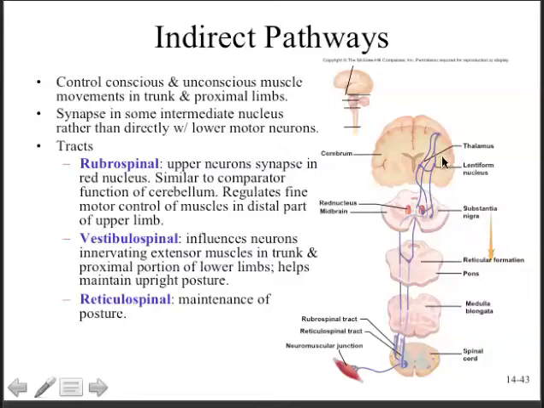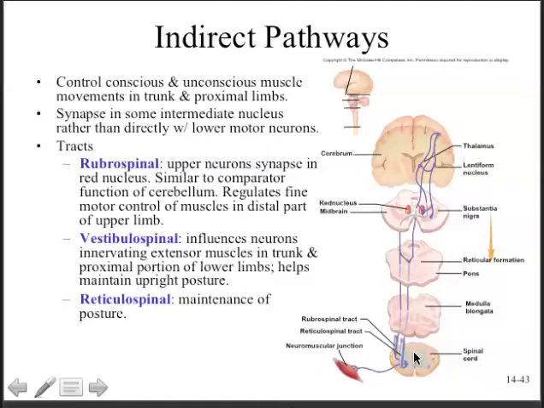Remember, this is cortex, this is midbrain, this is pons. Notice again the reticular formation here. Then you can see the medulla, and then down here we are synapsing in the lower motor neurons in the spinal cord. These pathways again are going to be slower because there are more synapses in them.